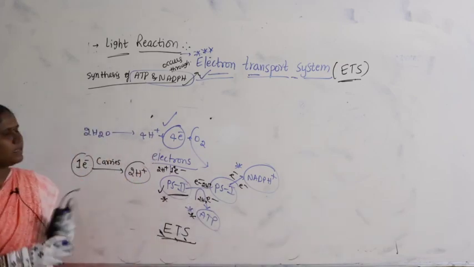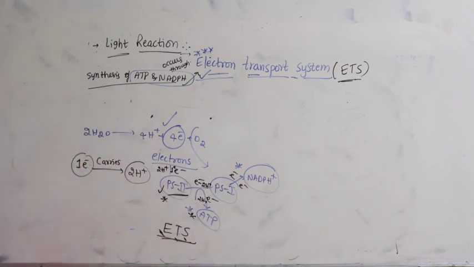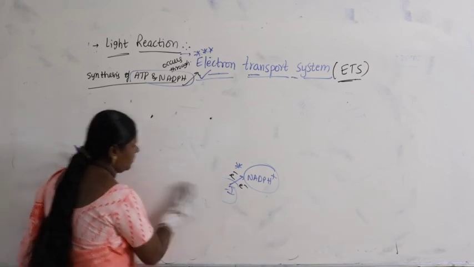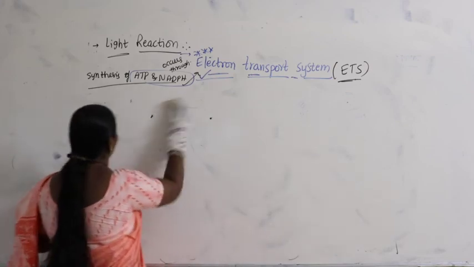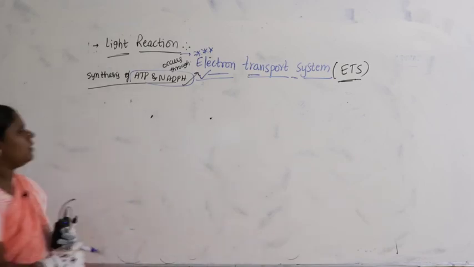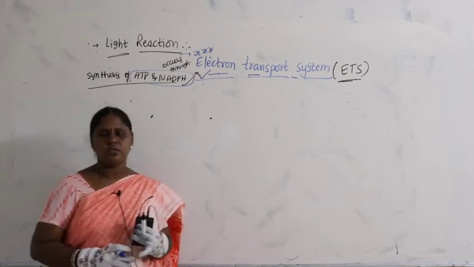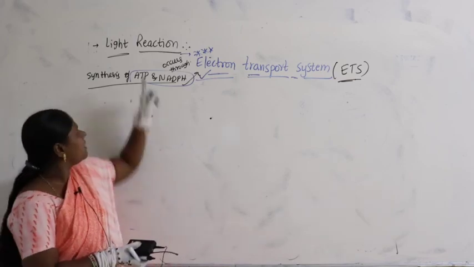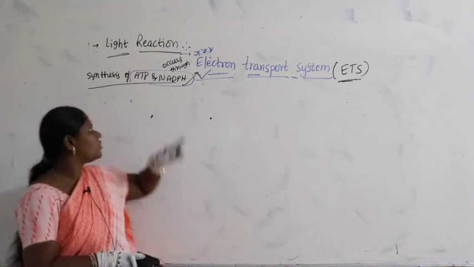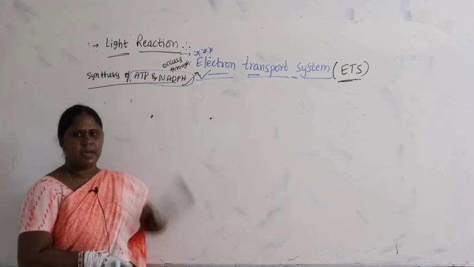Now let us discuss the electron transport system. It comes under light reaction, which is why I am not erasing the heading, because the end products of light reaction are ATP and NADPH.